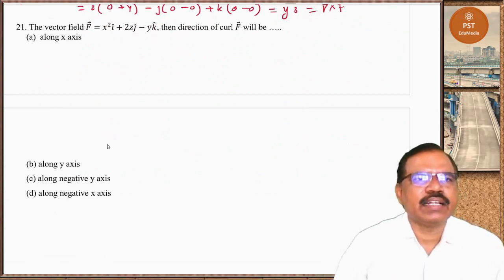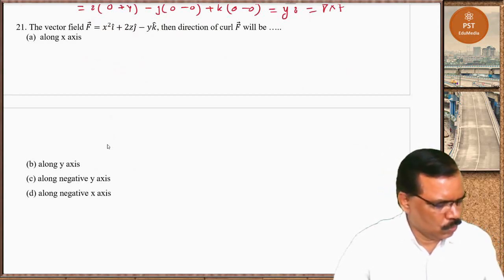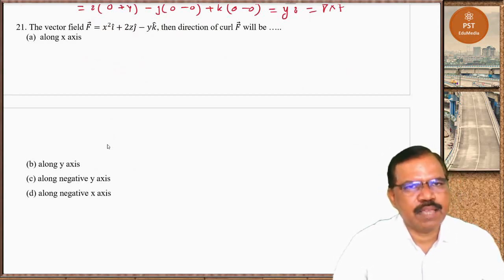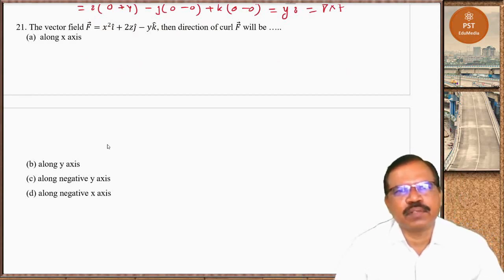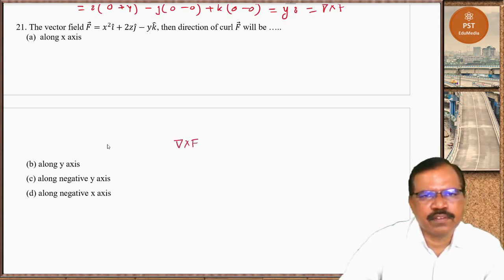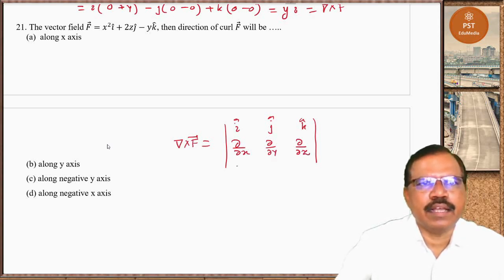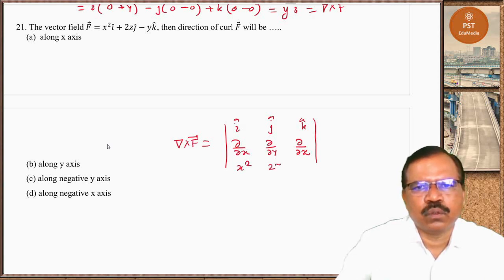Now next one, the vector field F is equal to x square i minus 2z j minus y k. Then the direction of curl F will be the same question. Del cross F will be the determinant of i, j, k, partial with respect to x, partial with respect to y, partial with respect to z, and x square, 2z, minus 1.